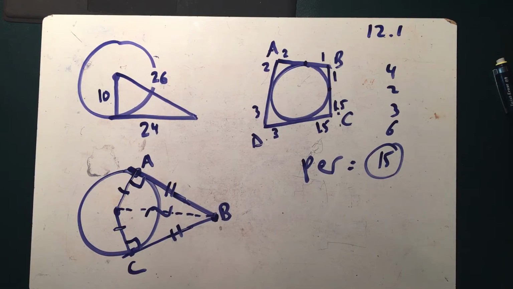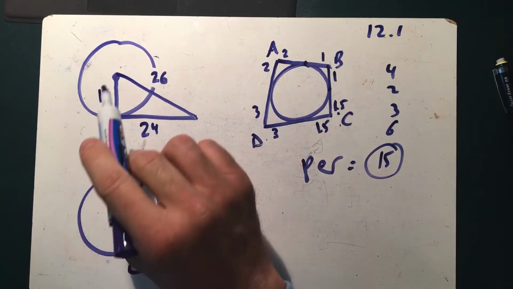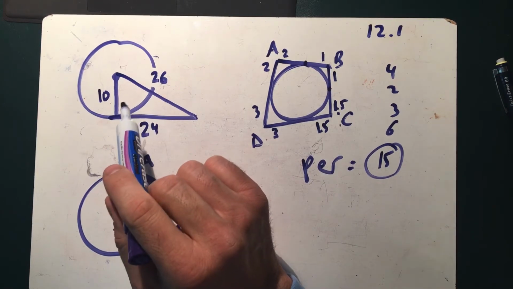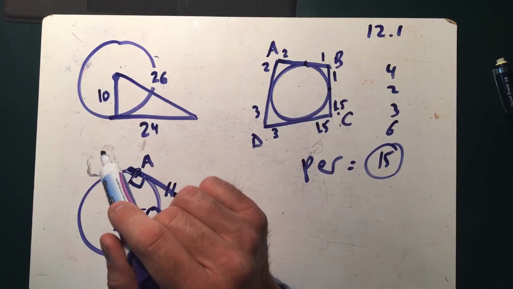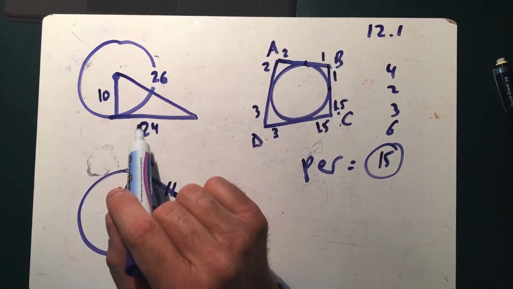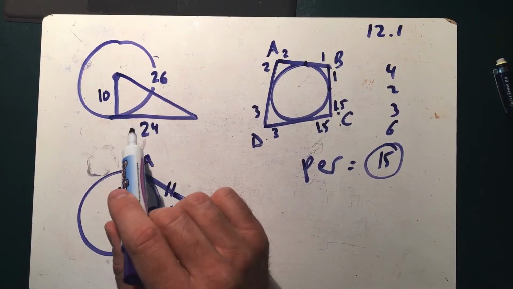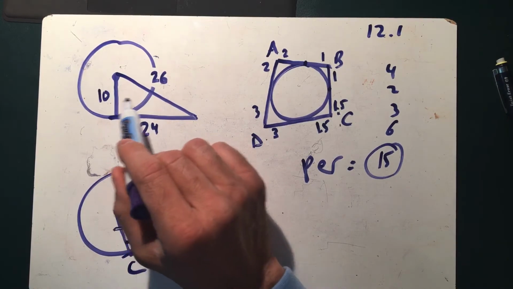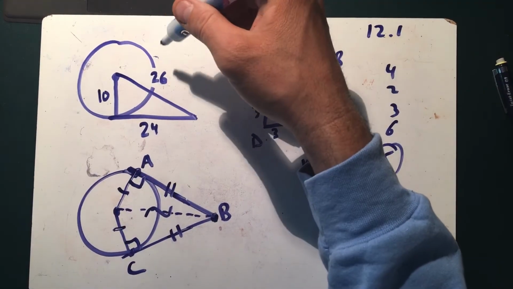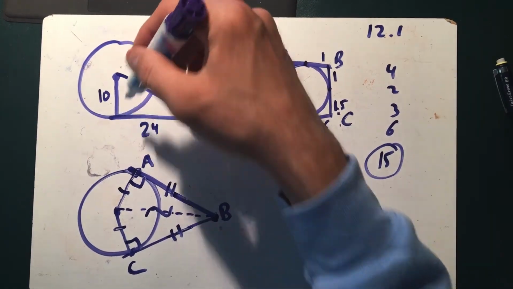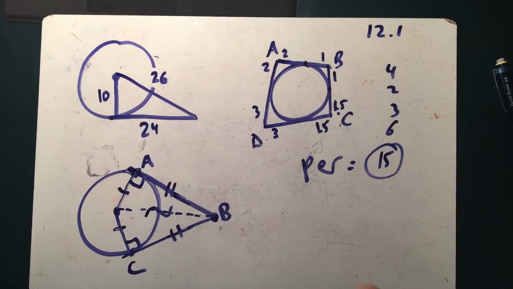Okay, now the cool thing is, this is really great. The other type of problem you're going to see is this. And these are really quite simple. All this is it'll say, hey, do you think that's a tangent line or not? Well, the only way that's going to be a tangent line is if that's a right angle. So you just have to look and see if that's a Pythagorean triple. And if it is, then that's a right angle. So you say, well, I need to make sure we got some Pythagorean triple going on over there.